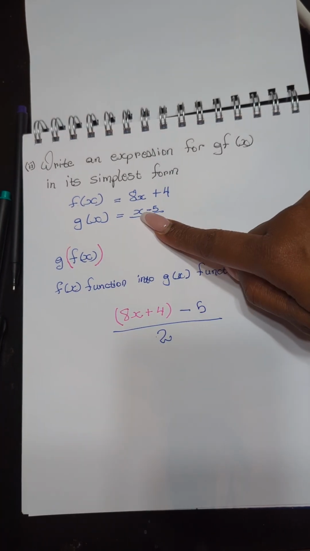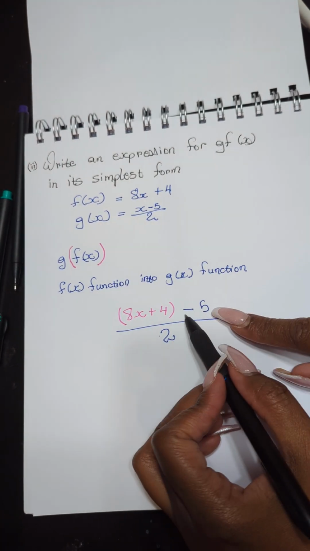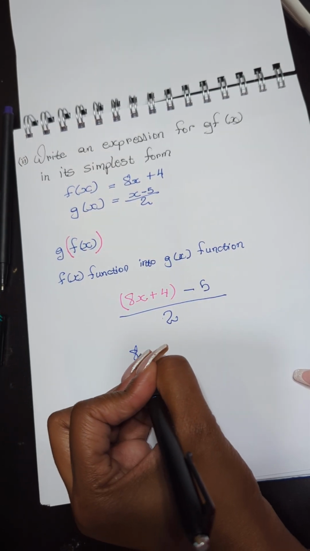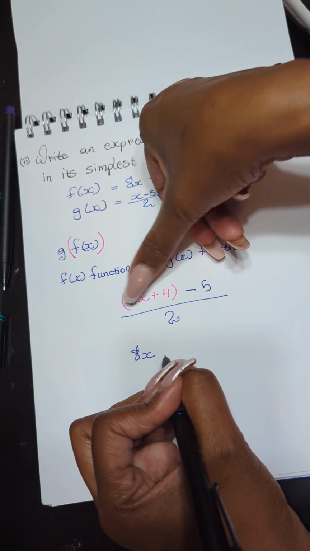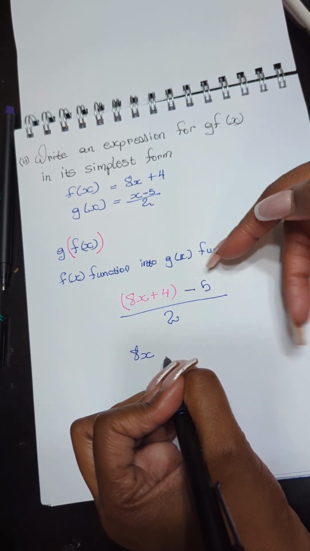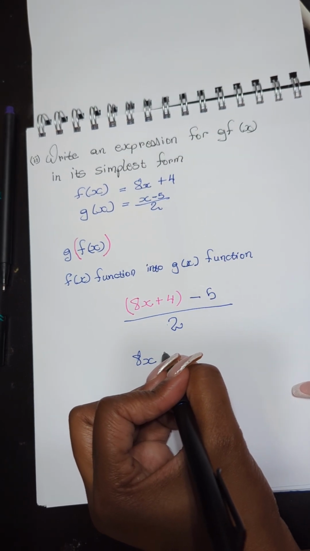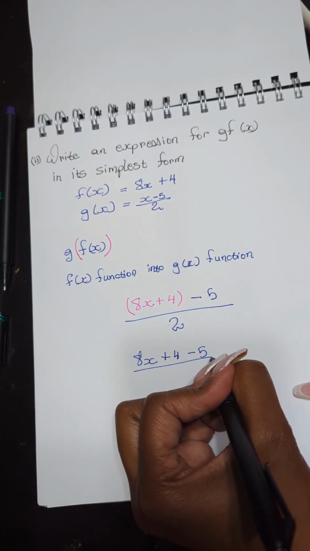So in place of the x, we put the f of x function. And let's simplify. So we can just remove the brackets here. 8x, because we're not multiplying by the minus 5. If we were multiplying, that would have been in front, or we would have had a multiplication sign somewhere. Okay, so 8x plus 4 minus 5 all over 2.